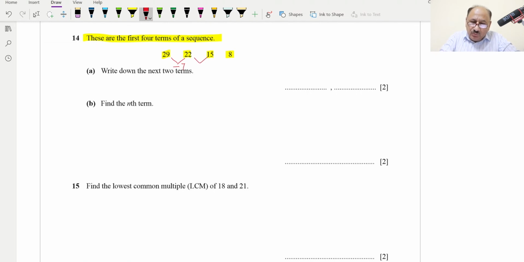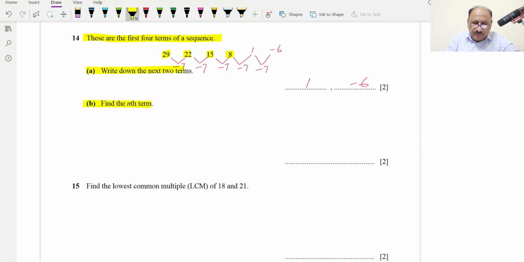Similarly, 22 minus 7 is 15, and 15 minus 7 is 8. So further we can subtract 7, so it will be 1, and minus 7 will result in minus 6. So 1 and minus 6 will be the final answer for this part which we have done.